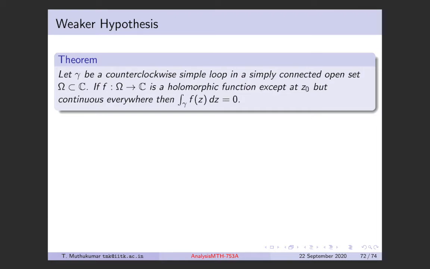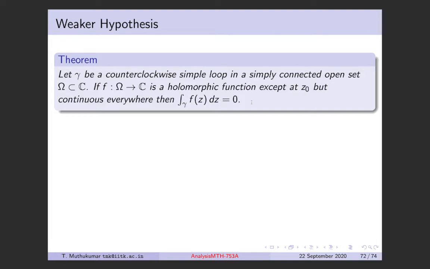Earlier we had holomorphic in the entire domain. Now we are saying it's not holomorphic at z0, but the function is continuous. So it's continuous everywhere including the point z0, but it fails to be holomorphic at z0.